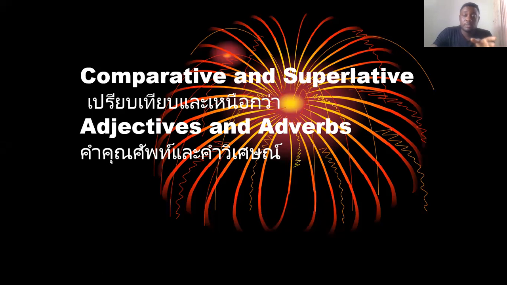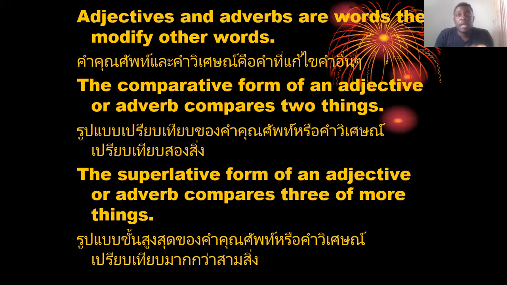Okay, so let's continue. Adjectives and adverbs are words that modify other words, right? This one is big. So when you add to it, it becomes bigger. So you modify the words.